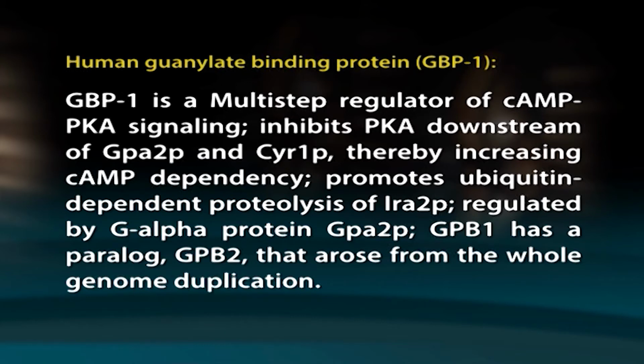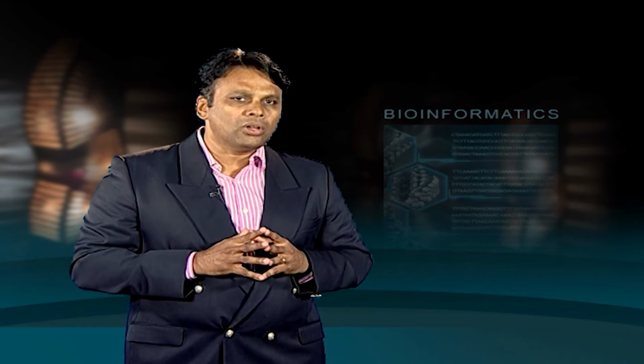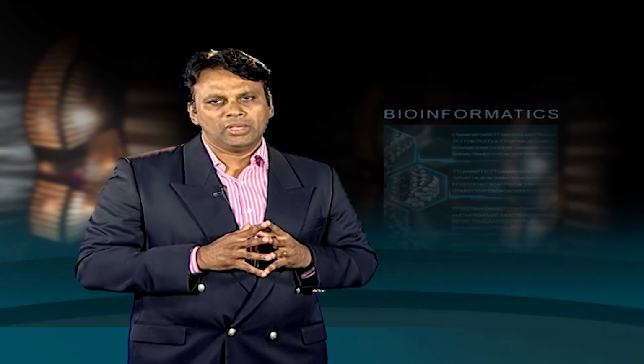GPB1 has a paralog GPB2 that arose from the whole genome duplication. Complex metabolic consequences occur because of the loss of this enzyme. For example, at several steps in the biosynthesis of isoleucine and of valine, the same proteins are used.